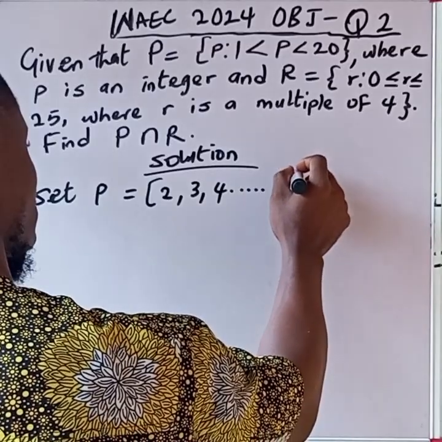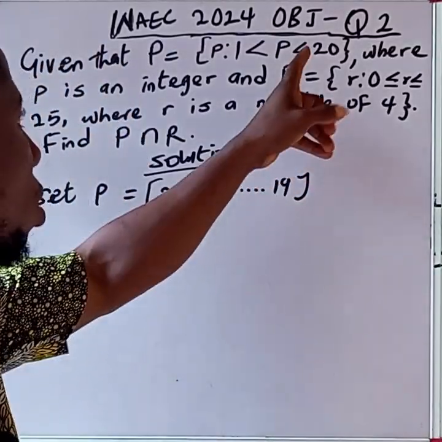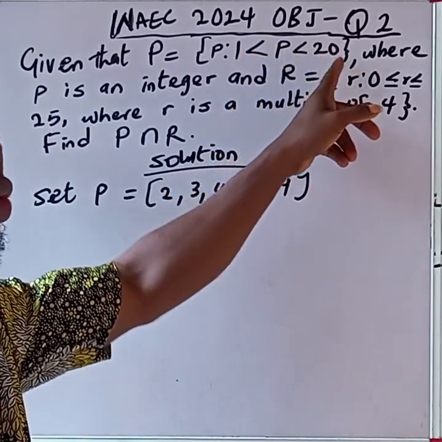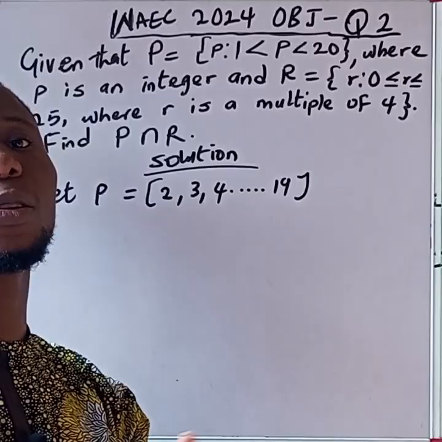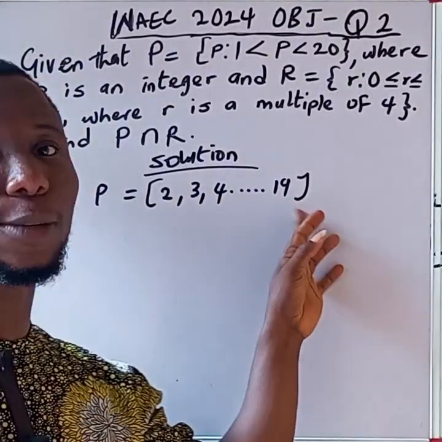All right. So this is going to be our set P, because they told us that P is 1 less than P less than 20. So every number that is below 20, that is what will be inside set P.